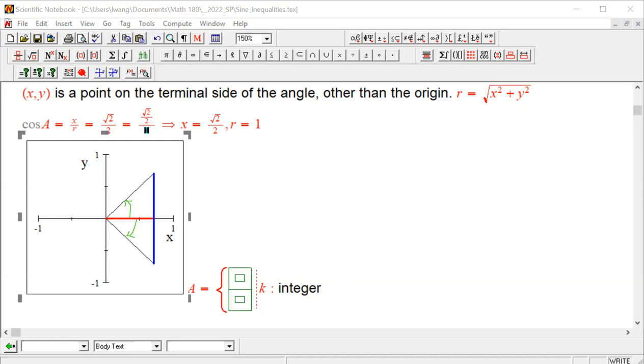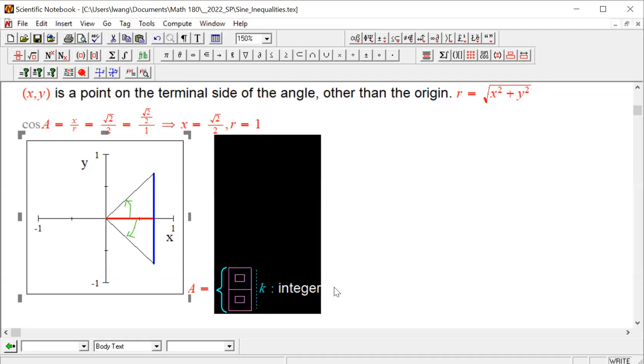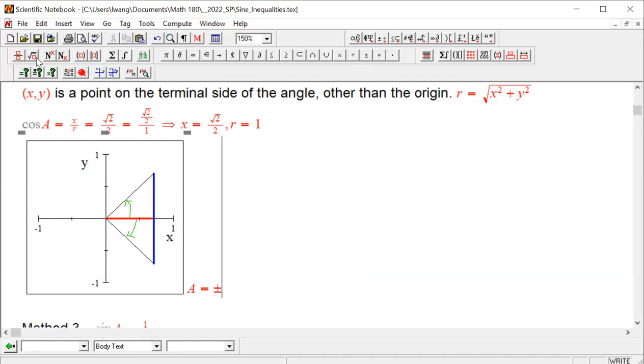So let's represent our solution. We can just go straight to plus minus pi over 4 plus 2k pi, and k is any integer, same conclusion, okay?